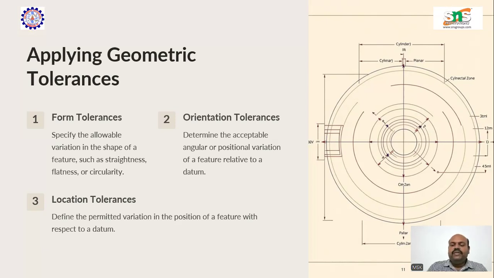So we need to give some tolerances for the same, right? We have three kinds of tolerance. Form tolerance is based on the shape of the feature, and the other one is orientation tolerance, that is by virtue of its position. The third one is location, that is with reference to the datum. These three geometric tolerances are given for better identification of the component.